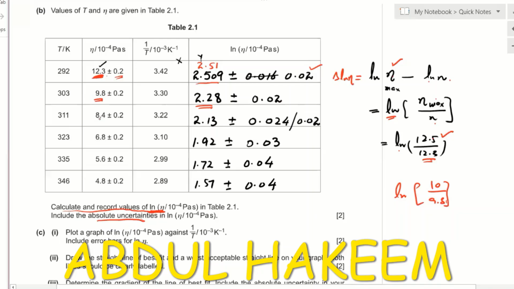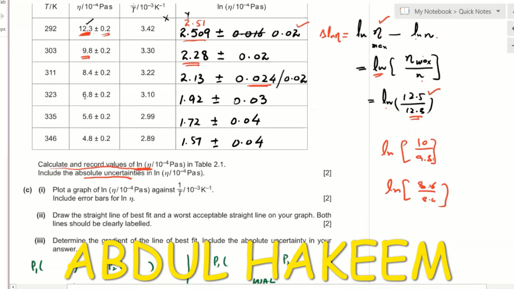Similarly, next, ln 8.4 is 2.13, and then the maximum eta will be 8.6 divided by eta 8.4, and the answer is coming 0.024, but when we write it in one significant figure, it is 0.02. Next, ln 6.8 is 1.92, and then ln of maximum eta divided by eta, so 7 divided by 6.8, then ln, it is 0.03 approximately.